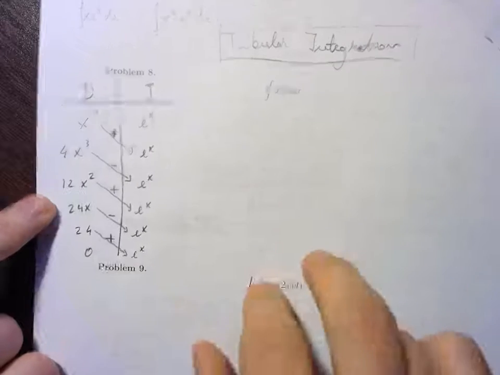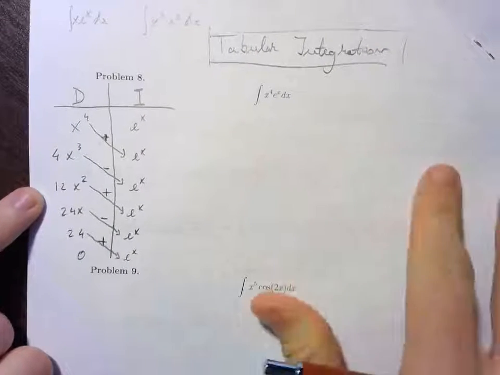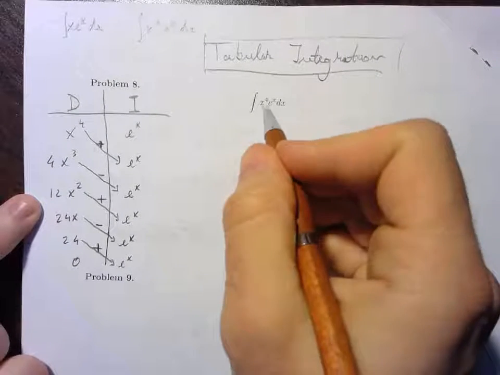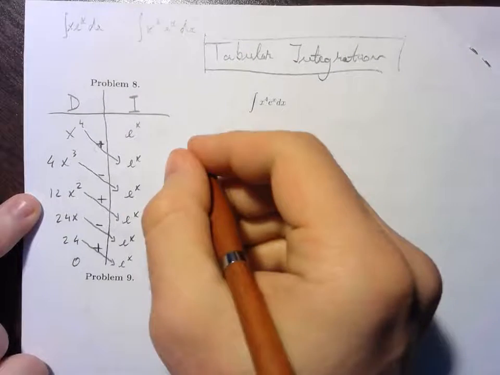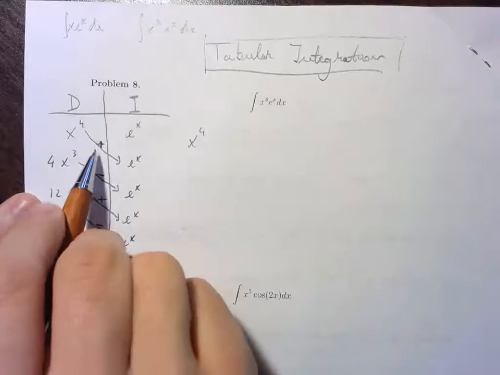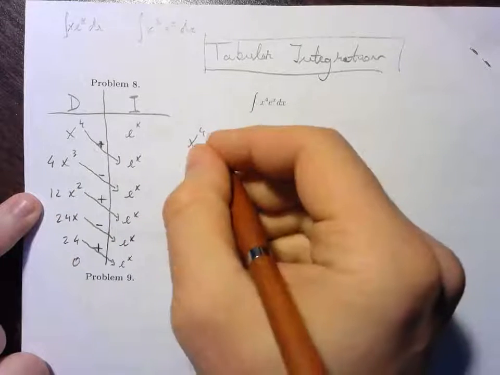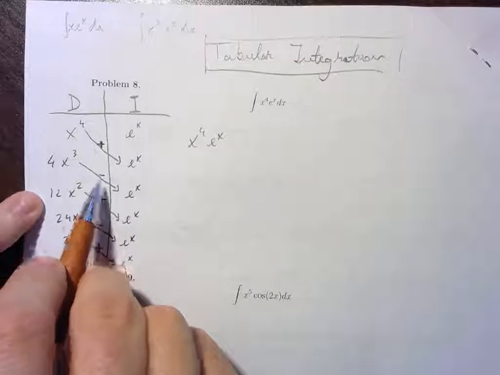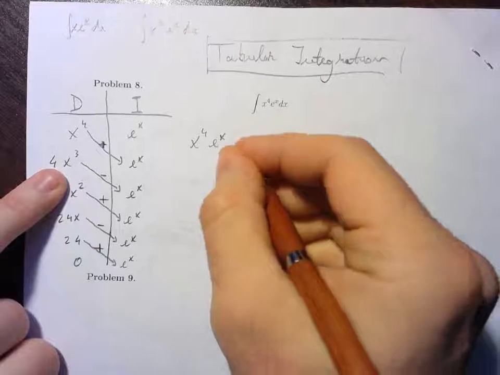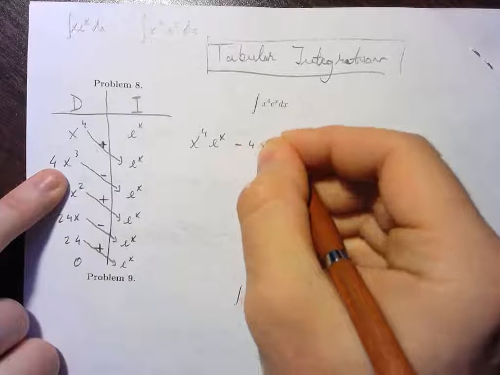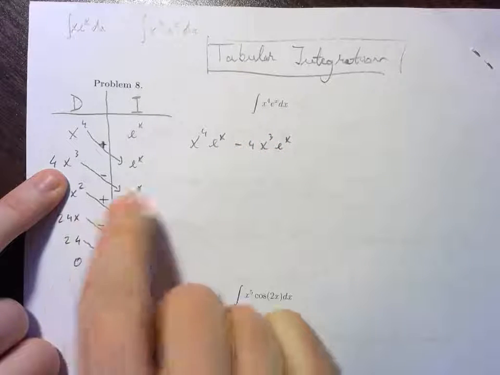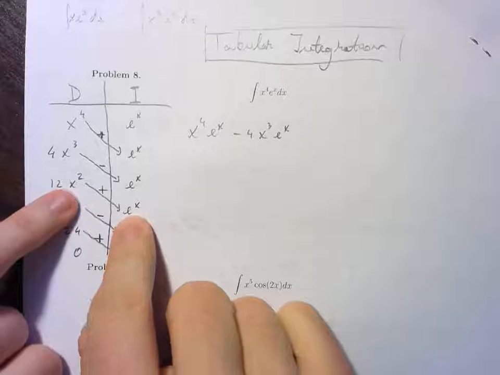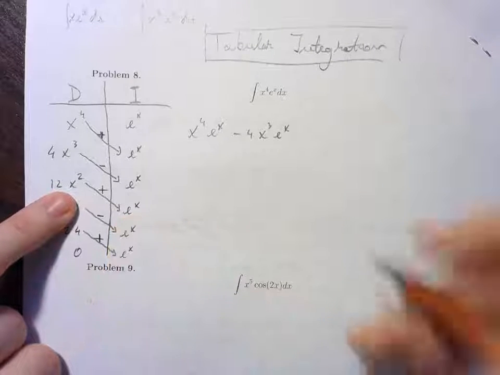And now I'm ready to give you the answer in 20 seconds, right? And the answer is this. The integral of x to the fourth e to the x is x to the fourth times positive e to the x, so times e to the x. Next one has a negative sign. I multiply these two, so minus 4x cubed e to the x. I go one more down, plus 12x squared e to the x.